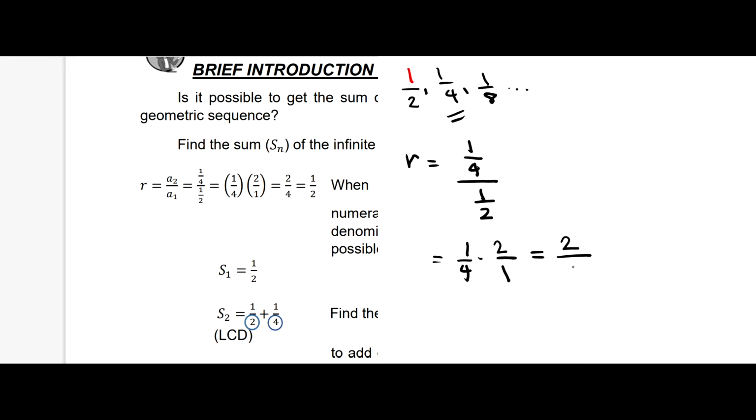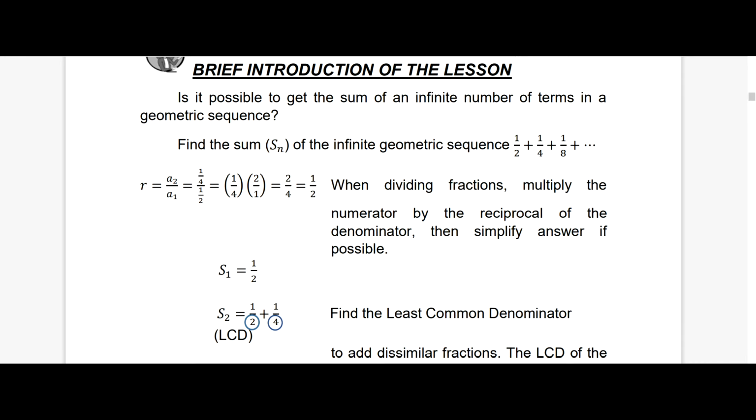And then 4 times 1, that's 4. Then, divide it by, or get the lowest term by simply dividing it with the same number. So, 2 divided by 2 is 1, and 4 divided by 2 is 2. So, your common ratio is 1/2.